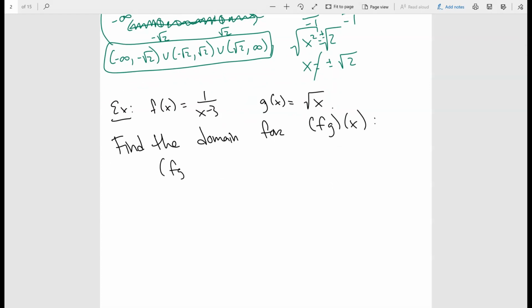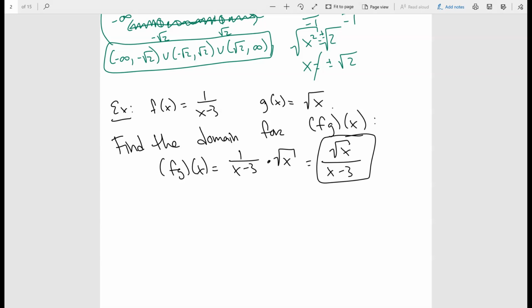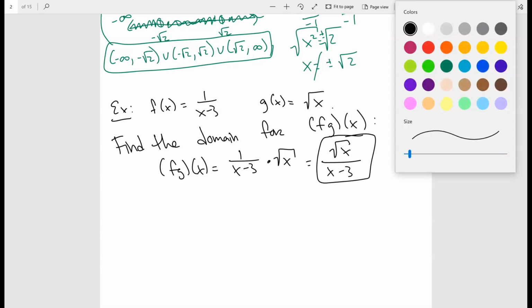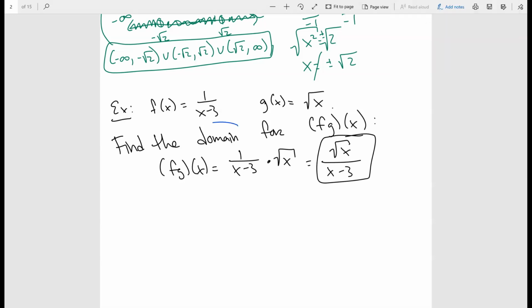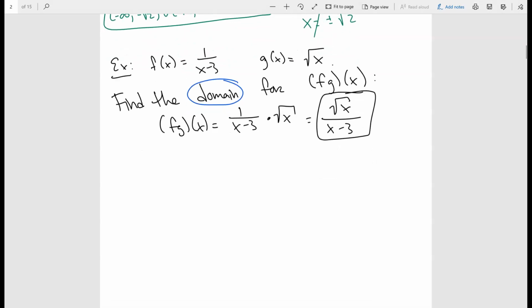So f times g of x is just basically 1 over x minus 3 times square root of x, which basically gives me square root of x over x minus 3. Okay, but we don't want that. What we really want is the domain of this function. So what you got to do is think about 1 over x minus 3 and square root of x. You got to look at those two.